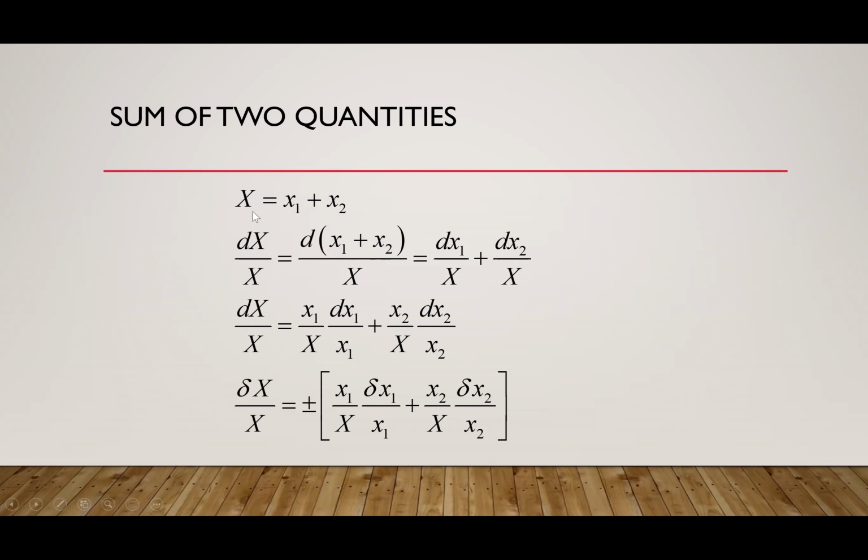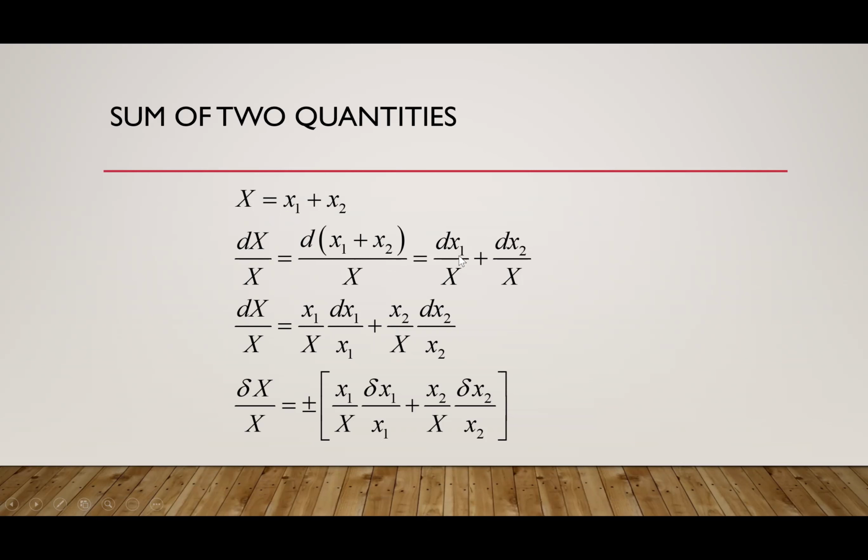I had x is equal to x1 plus x2. Some change takes place in this, dx, and I want to take the ratio. So change in x divided by x will actually be change in x1 plus x2 divided by the capital X, which I can break as change in x1 divided by x plus change in x2 divided by x.